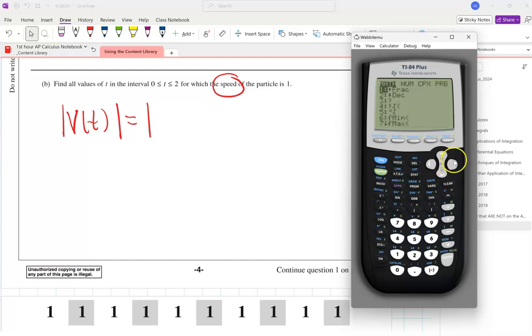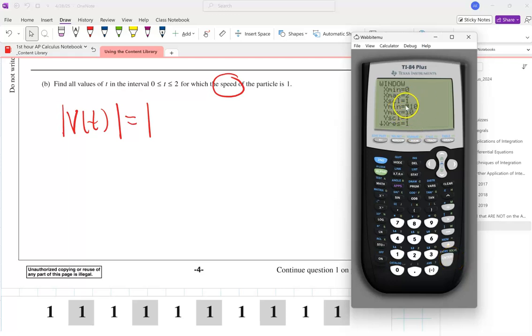And then in y2, I'm going to graph the absolute value of y1, so I don't have to type all that junk in over and over again. And then 1. And I'm going to graph this now, but I'm only going to graph it on my x's from 0 to 2 because I don't care about anything else.